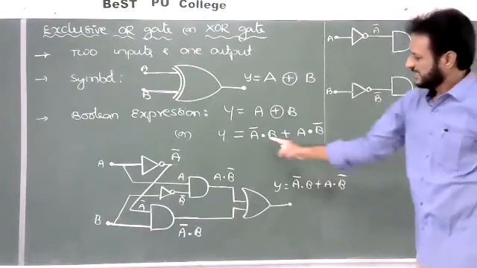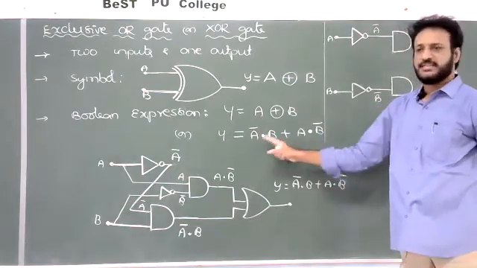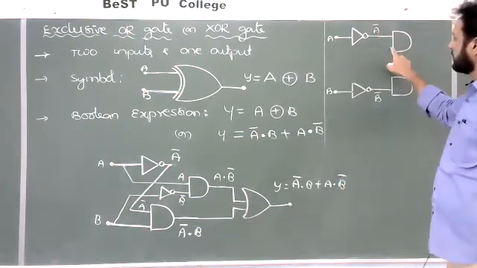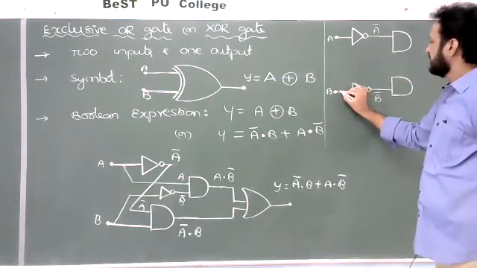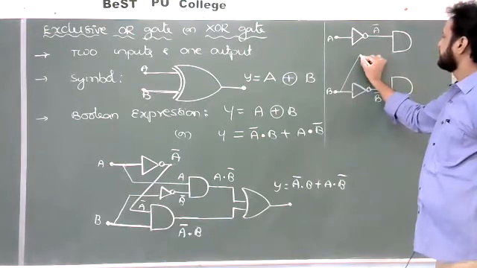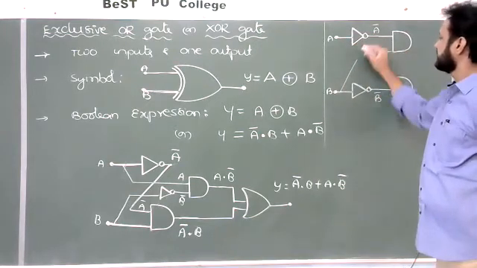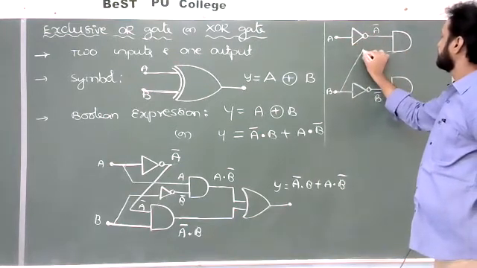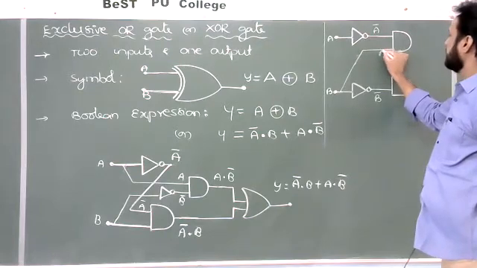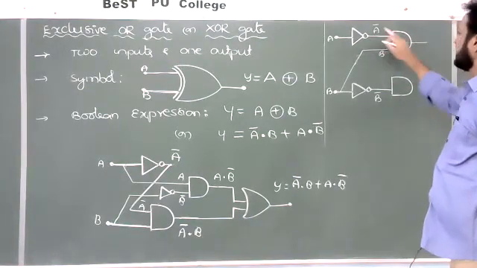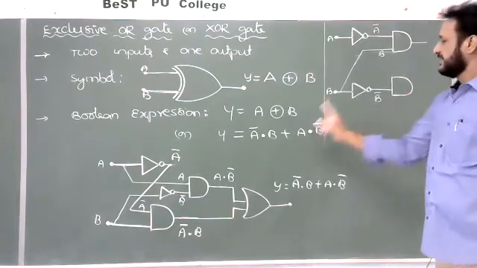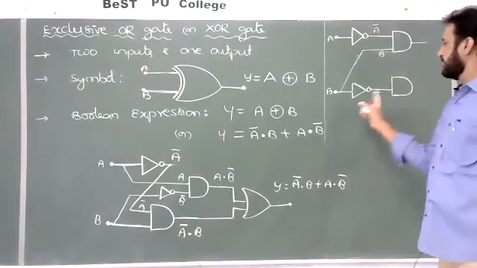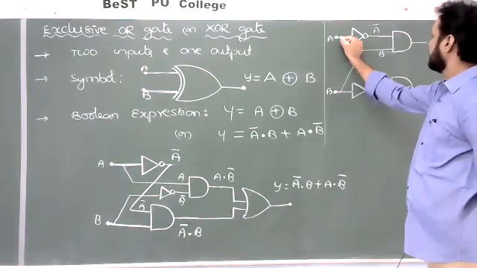First formula, A complement into B. Here A complement is already given, so what one more input is required? B is required. So directly from here you may take B like this. You take B here. So this will be B. So finally it becomes A complement into B. In the same way, in the second case, what is required? A into B complement. B complement is already there. So take this one here.